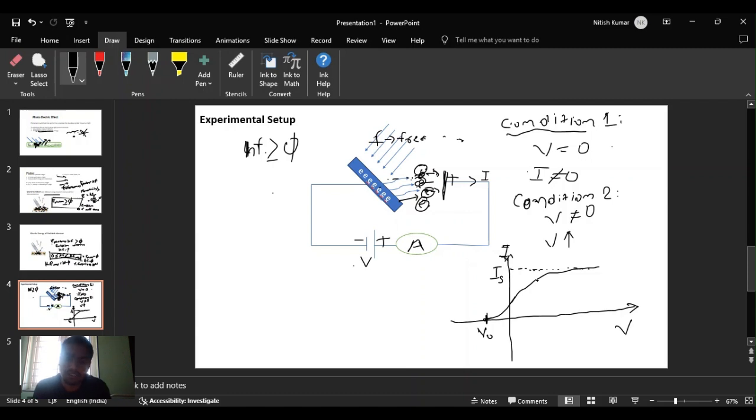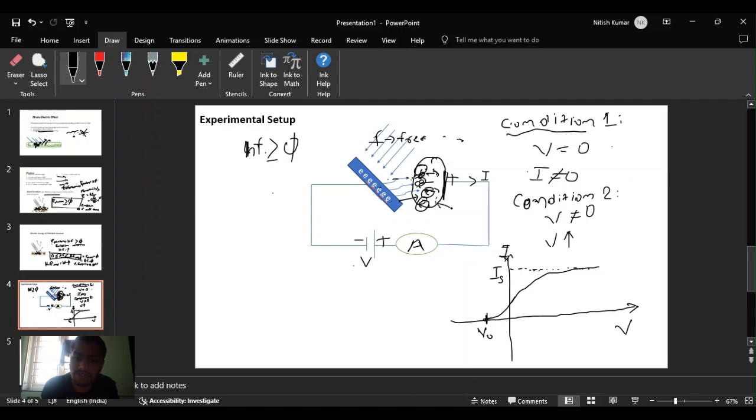But after a certain point the current will be saturated. We can understand this saturation in the next slide. Saturation is occurring because the number of emitted electrons is fixed.